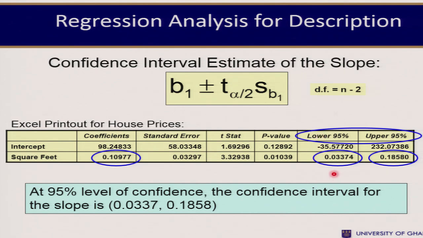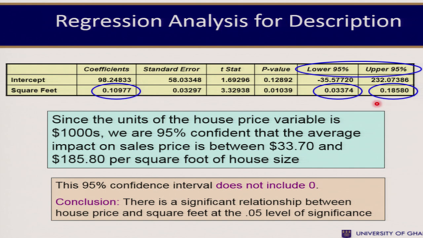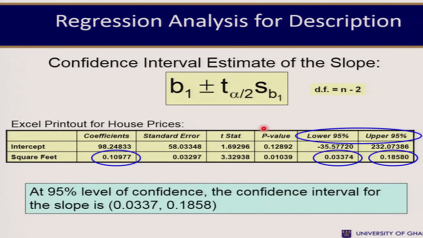So the upper limit is the coefficient plus the critical value times the standard error. Then the lower limit is the coefficient minus the critical value times the standard error. So based on this, we can find the upper and lower confidence interval estimate for the regression slope.